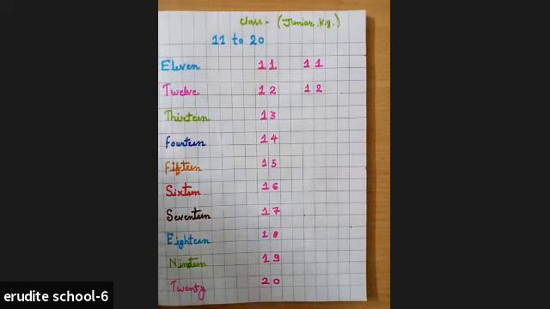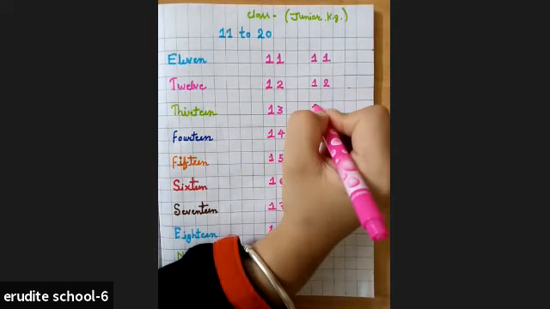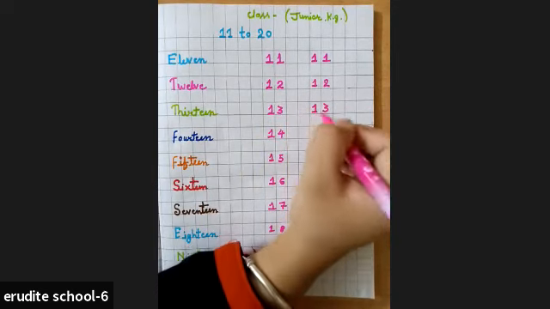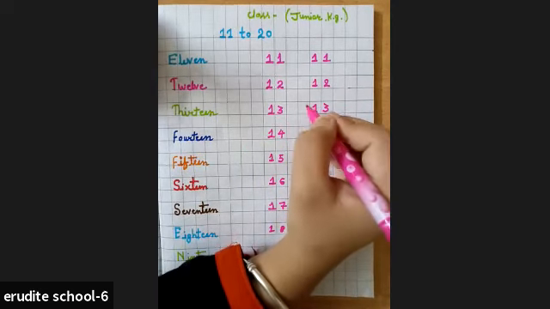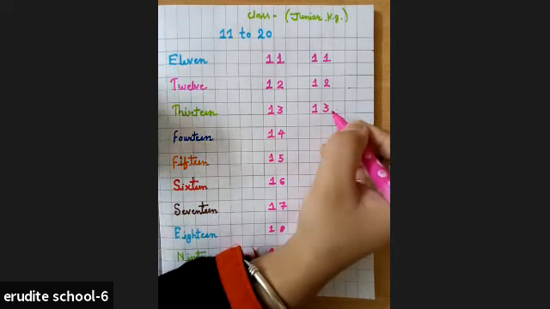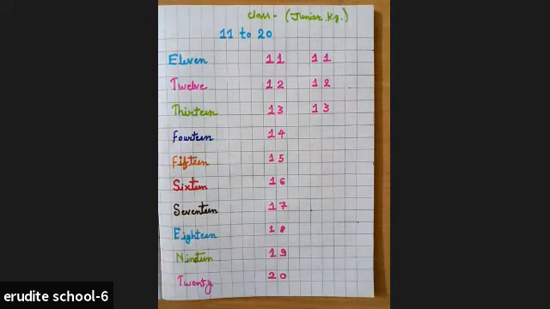Okay. So now 13. Okay. 1, 3, 13. Okay. And spelling of 13.